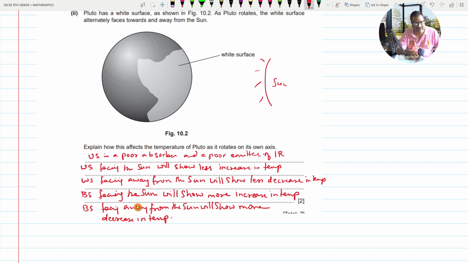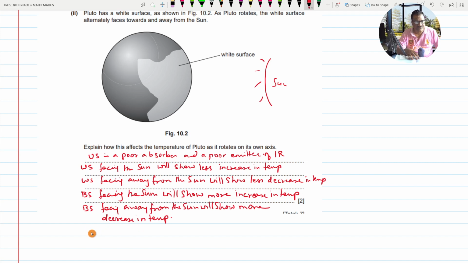Now this can be understood in this way also. For all this reason, I can write that if an object is getting hotter faster, it will get cooled also faster. Okay, so rate of increase is always equal to rate of decrease. So that is the logic that you can use here.